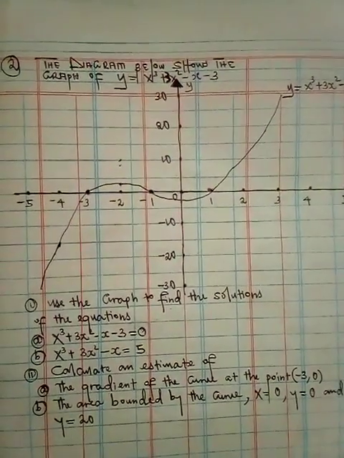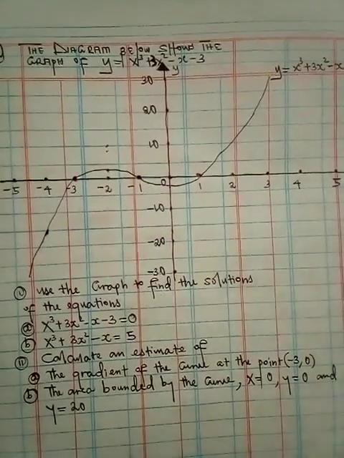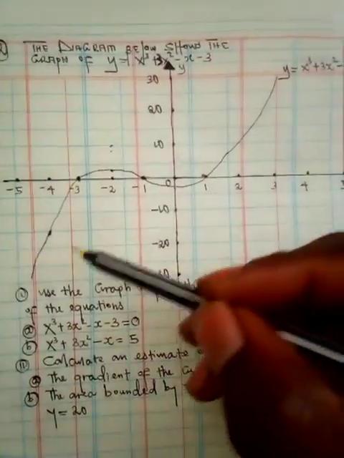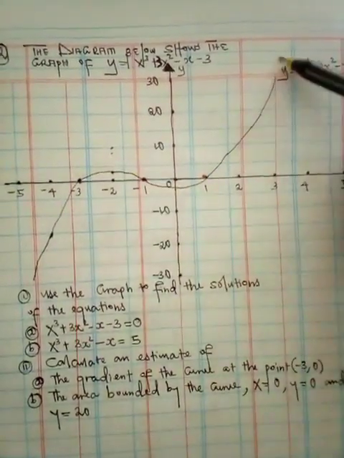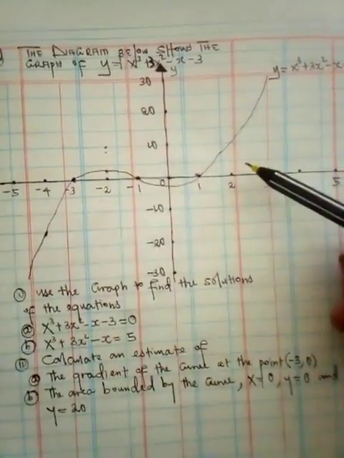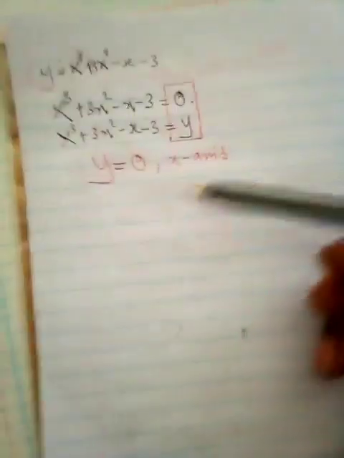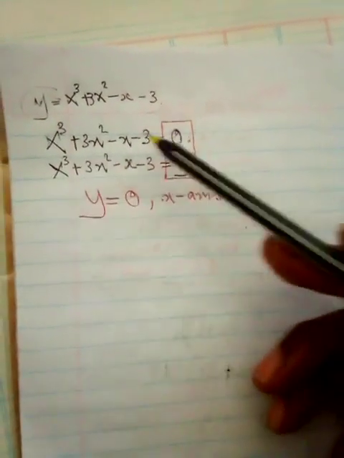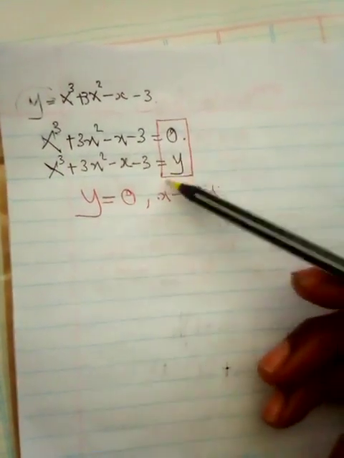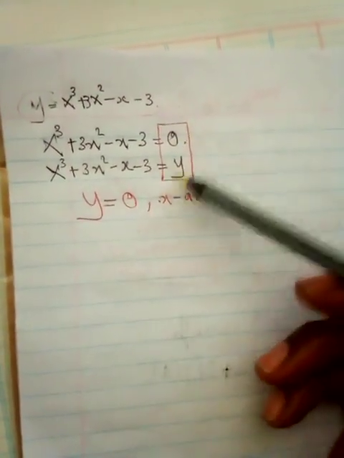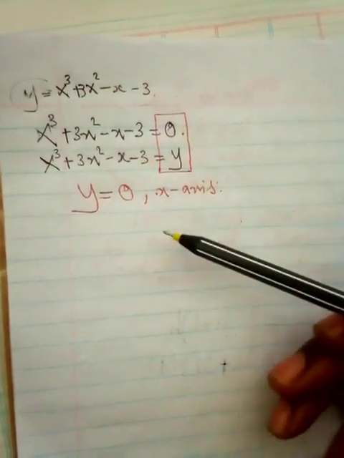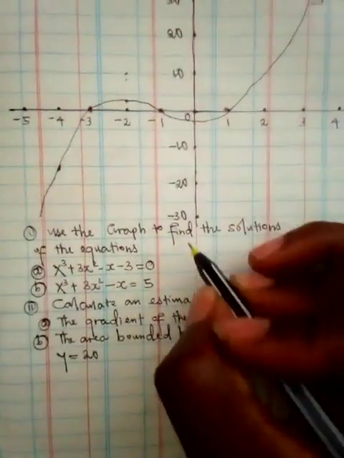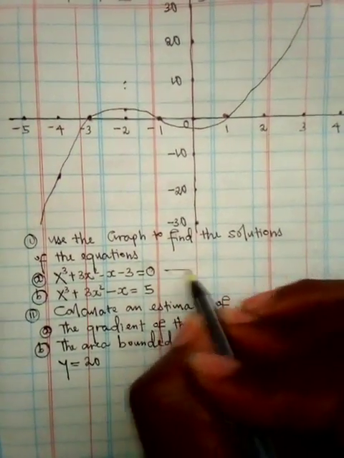Those are your solutions. You don't even need to stress or waste your time. You're just going to see where this graph of yours is meeting with your x-axis, because when we made the analysis here, we noticed that y was equal to 0, and that will only happen anytime you're on the x-axis.